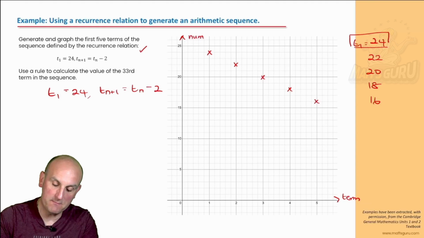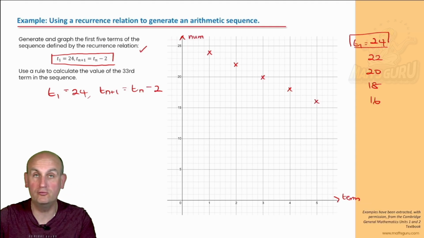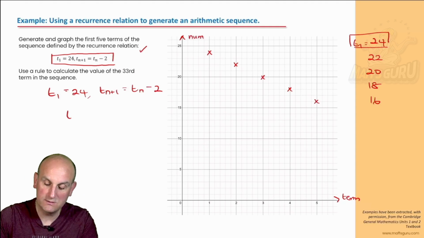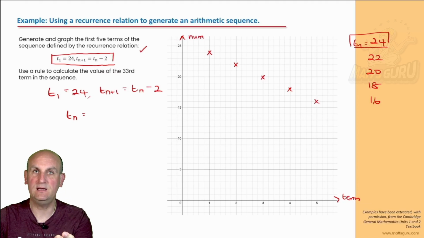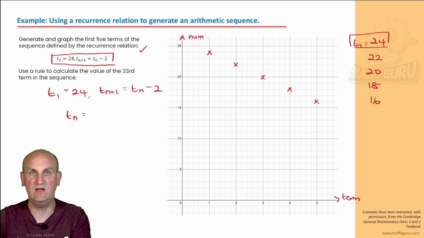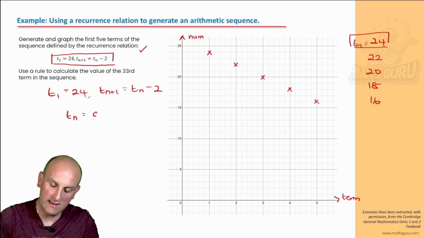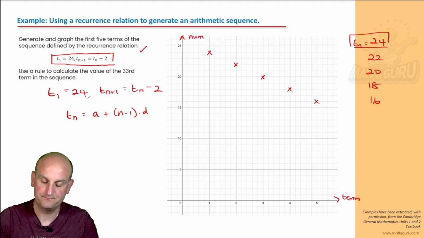Use a rule to calculate. Now, again, remember this here was a recurrence relationship. It is not a rule. My rule would start with t of n equals. Hold on, this is an AP. We're adding on or taking away the same value. So I can use a plus n minus 1 times d. Right, what do we want? We want the 33rd term.